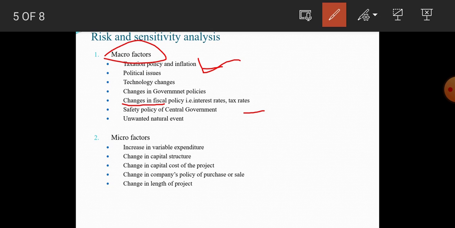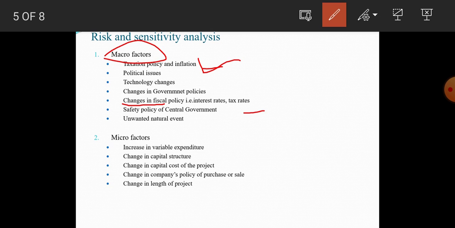Then safety policy of central government. So if government has given strict rules for safety policy, that we need to sanitize each and every person, and we need to clean each and every equipment, doors.